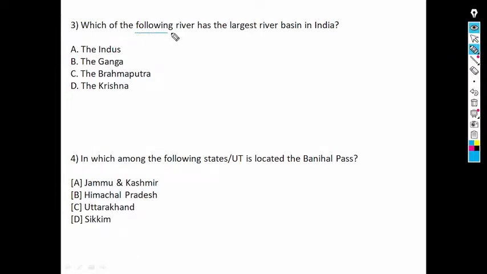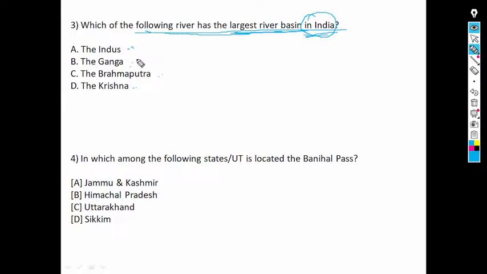Next: which of the following rivers has the largest river basin in India? Indus, Ganga, Brahmaputra, or Krishna. This question is a trick, because it says in India.